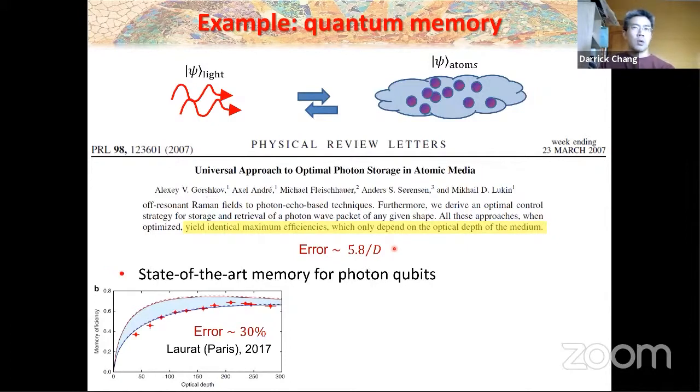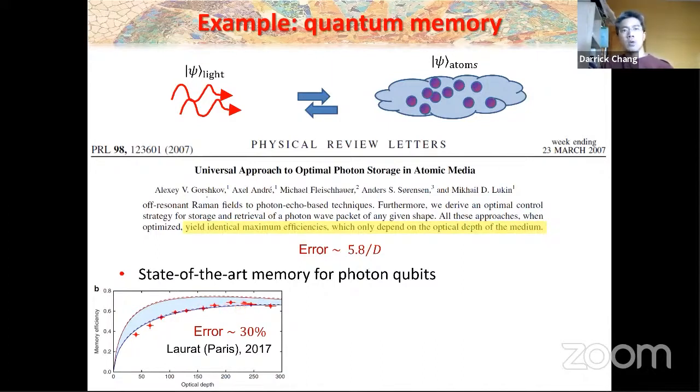Let me show you what that looks like in a typical experiment. This is from Julien Laurat's group from a few years ago. What they're plotting here is the efficiency, or basically 1 minus the error, as a function of the optical depth of an ensemble. What you see is that, as you increase the optical depth, the error does indeed shrink, but not at as fast a rate as one would ideally like.